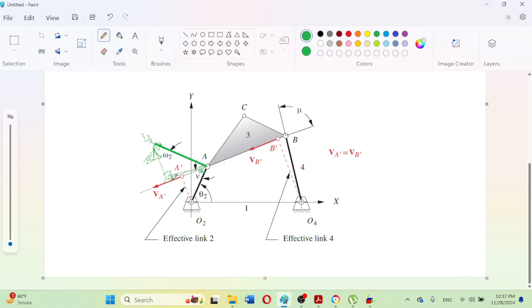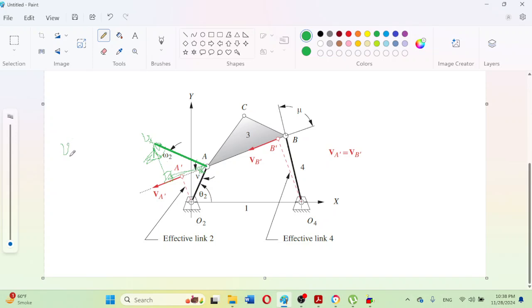So this is also a right angle triangle, and this angle will again be equal to V. As we can observe, this component will be equal to VA and sine V.